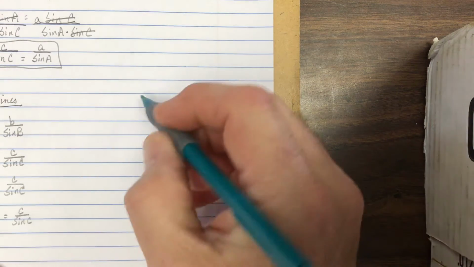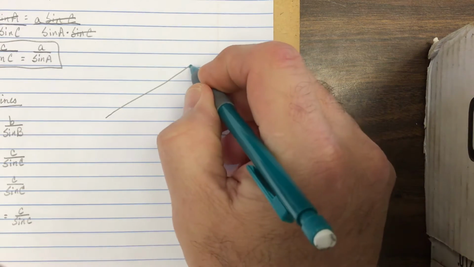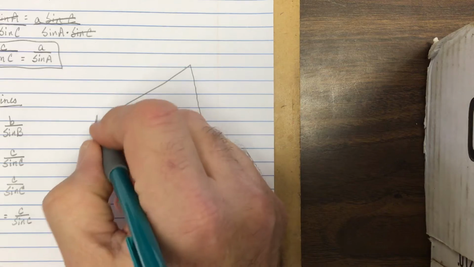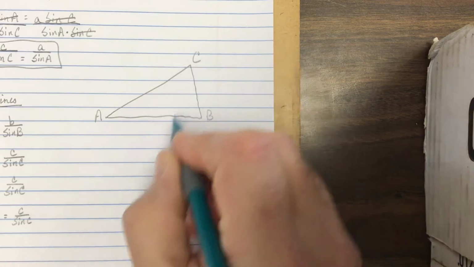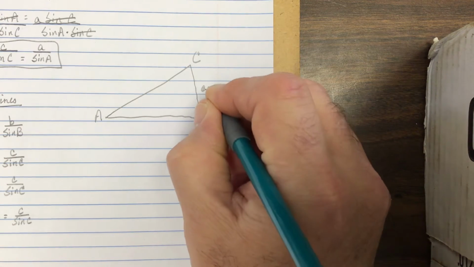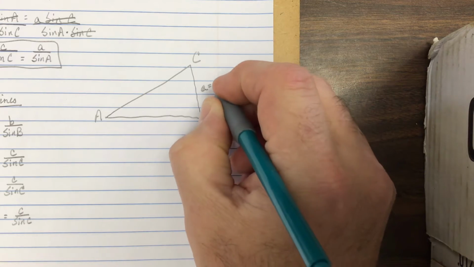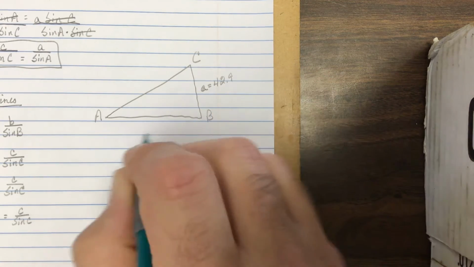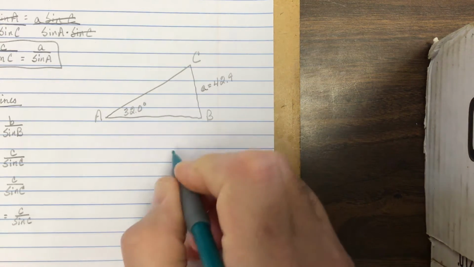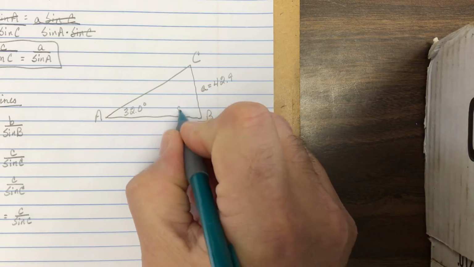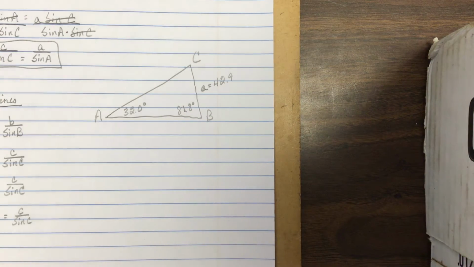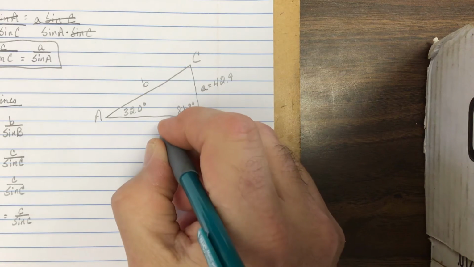If I have an oblique triangle, once again, oblique means not right, triangle ABC, and let's say I know some of the parts of the triangle, like maybe side little a is 42.9, and that angle A is 32.0, and that angle B is 81.8 degrees. Of course, this would be side little b, this would be side little c.